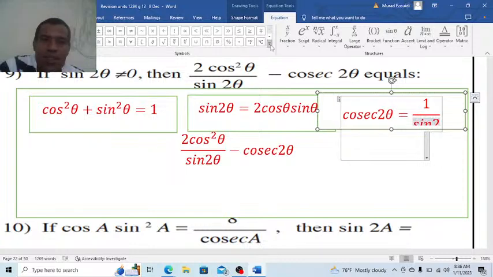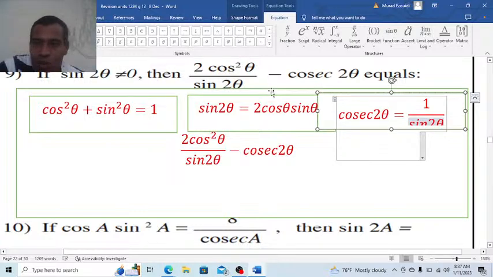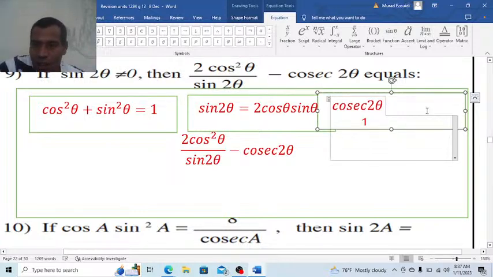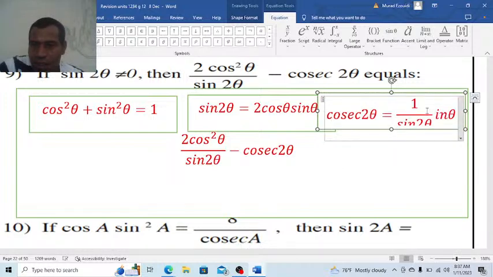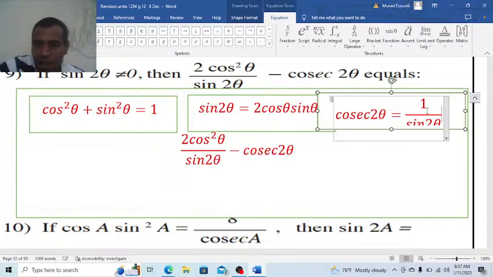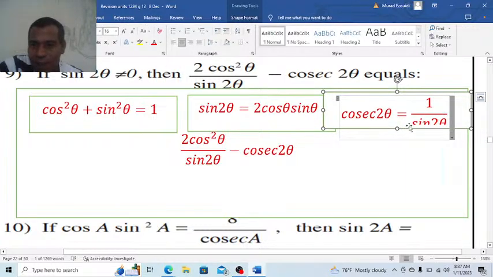This is simply because sine and cosec are called reciprocal functions, meaning the product of cosec and sine is 1.